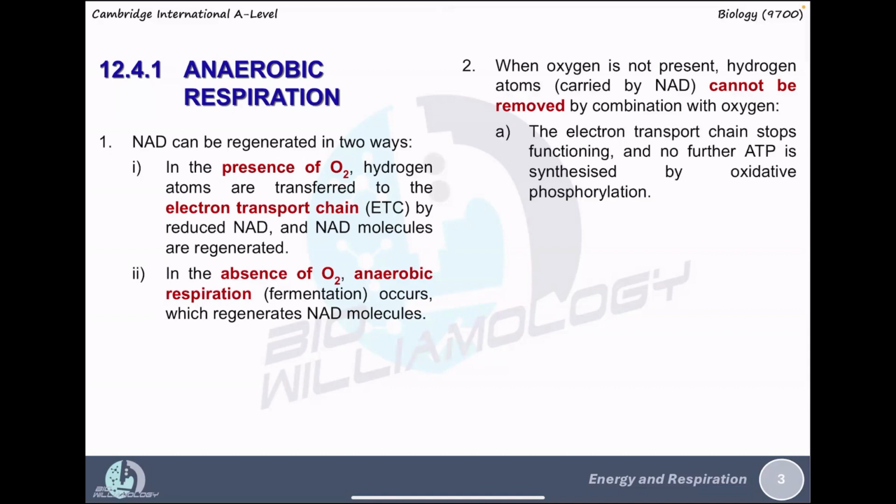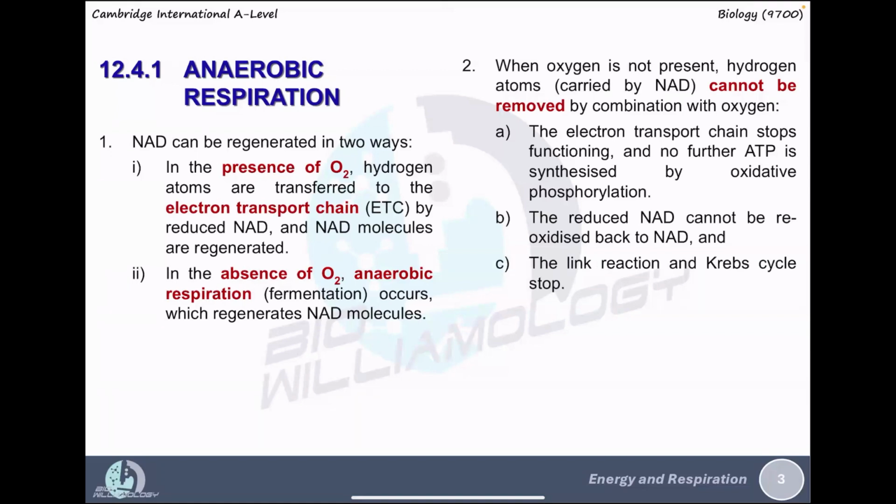So in this case, the electron transport chain stops functioning, and no further ATP is synthesized by oxidative phosphorylation. The reduced NAD cannot be reoxidized back to NAD, and the link reaction and Krebs cycle stop. So oxidative phosphorylation can't take place without oxygen. And in this case, how do the cells actually gain ATP?